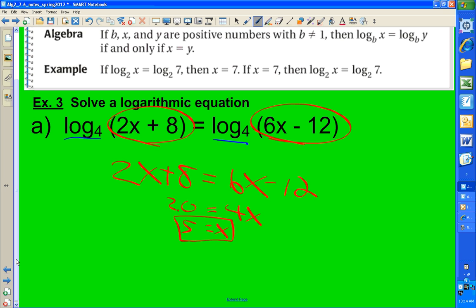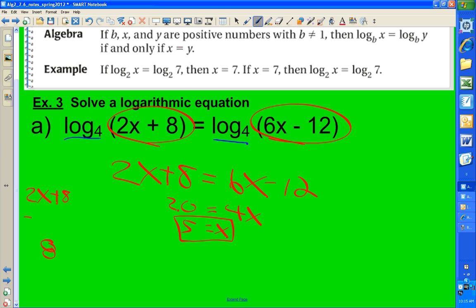So how do you get rid of 2x? When we have 2x plus 8, I want the 2x to disappear. If I want to make 2x disappear from that expression, what would you do? I want to get 8. How would I get 8 from this expression?